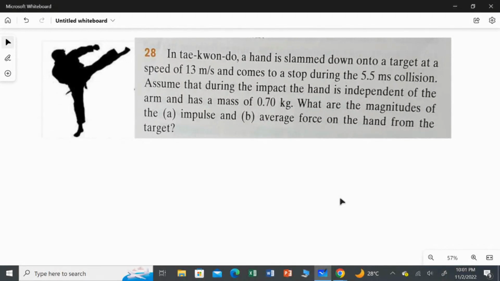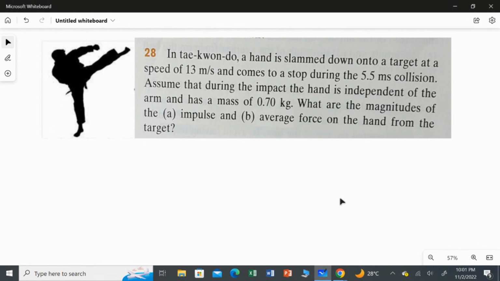In Taekwondo, a hand is slammed down onto a target at a speed of 30 meter per second. The person is moving at 13 meter per second, and comes to a stop during the 5.5 millisecond collision.